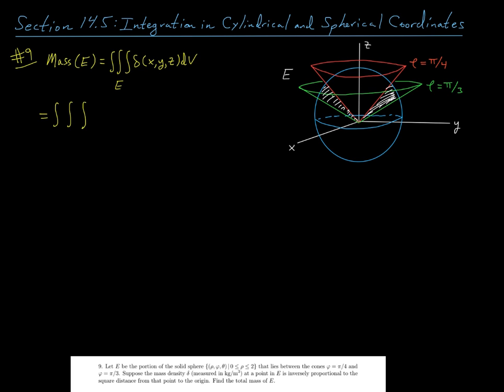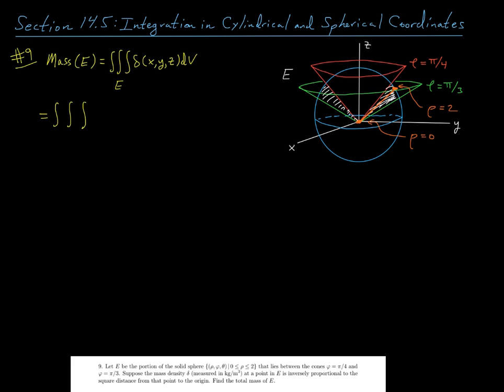Okay, so let's go ahead and set up the bounds first. If I'm letting my radial distance rho vary first through the region, I'm going to start here at the origin, and then range out to the edge of the blue sphere there. So for a fixed phi and theta, rho will vary from 0 to 2.